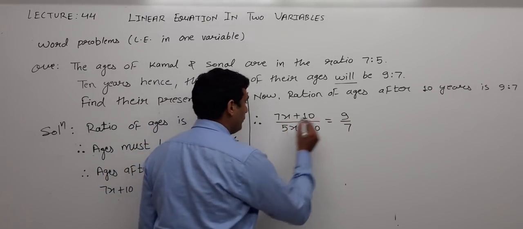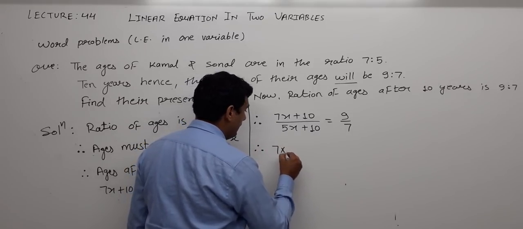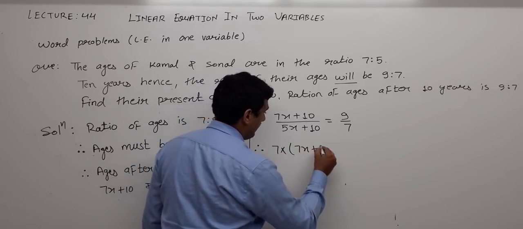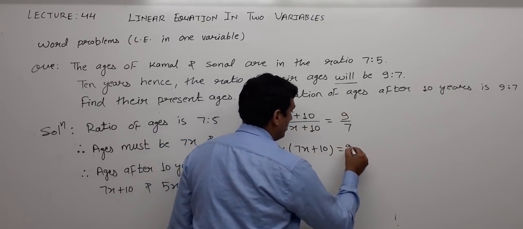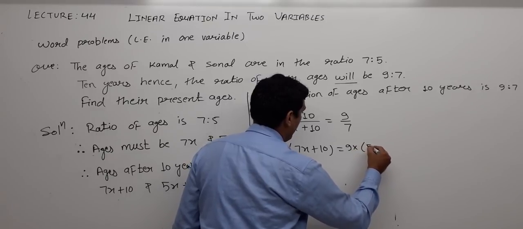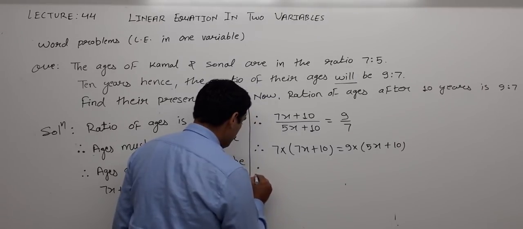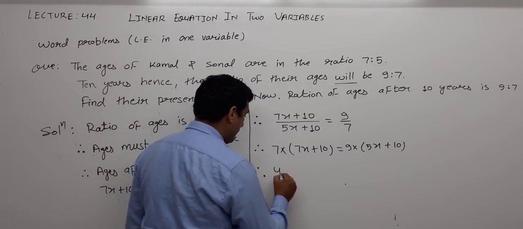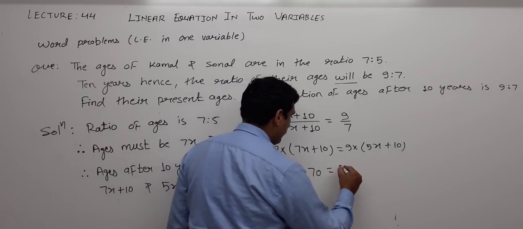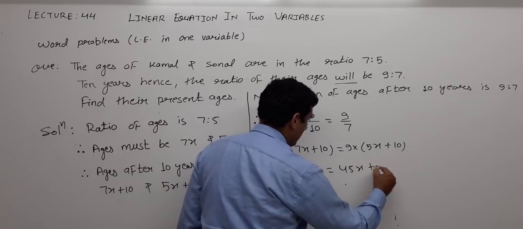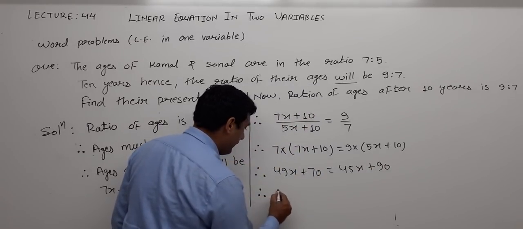Now we have to solve it to get the value of x. So cross multiplication, that is 7 multiplied by 7x plus 10. Okay, this 7 will come over here, and this will come over there: 9 multiplied by 5x plus 10. So here what I will get? 49x plus 70 is equal to 45x plus 90. Okay, now I will take x on the left hand side.